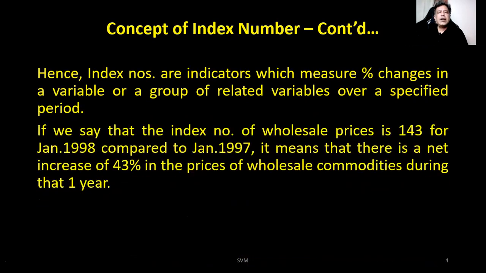If we say that the index number of wholesale prices is 143 in Jan 1998 in comparison with 1 year before, that is Jan 1997, it means that there is a net price increase of 43%. How do you calculate? You simply subtract 100 from the given index number, and that will be the percentage increase in the wholesale commodities during that period. Here the period is 1 year.